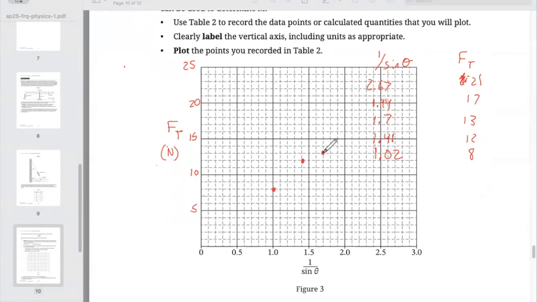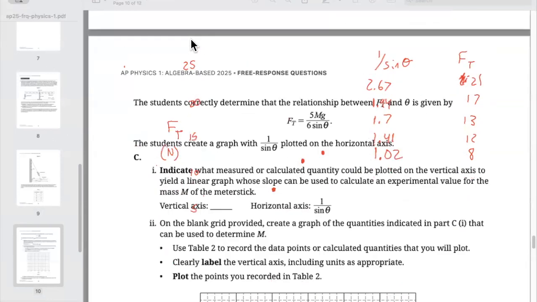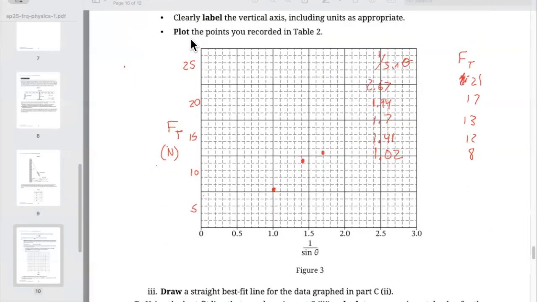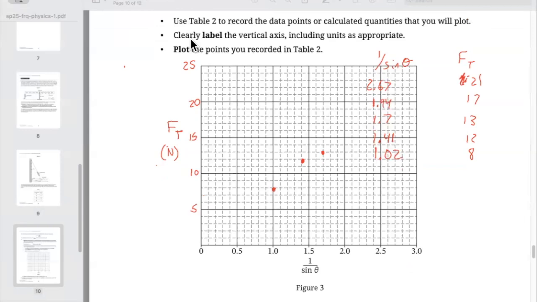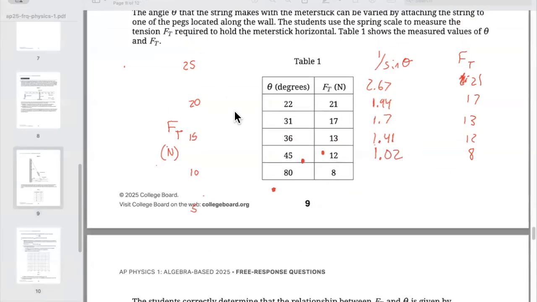Is this linear? This does not look linear. Am I plotting something incorrectly? No, everything seems okay so far. Weird. There's no way this is linear, actually. Hold on. No, this should be linear. Why is this not working? Okay, 1.02 goes with 8.